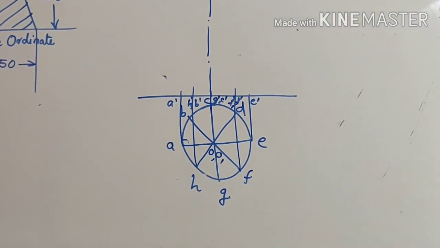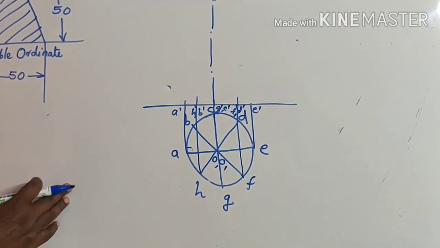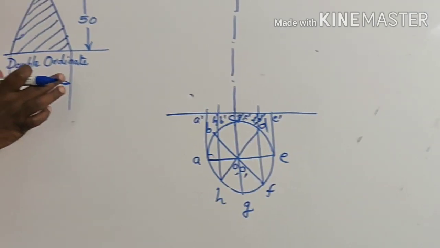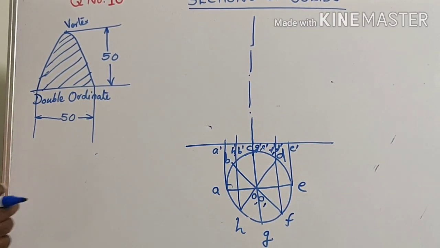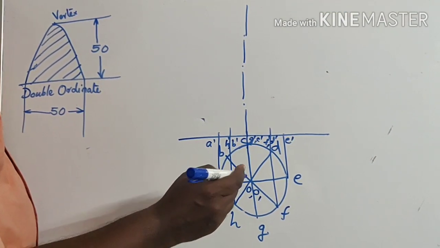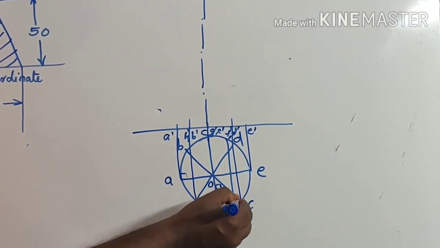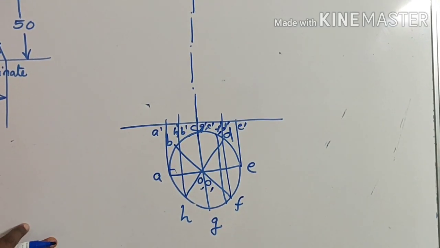Now, the diameter is actually 70 mm. It is given that the double ordinate is 50 mm. That means the double ordinate should come exactly here. Up to this, there will be the section.